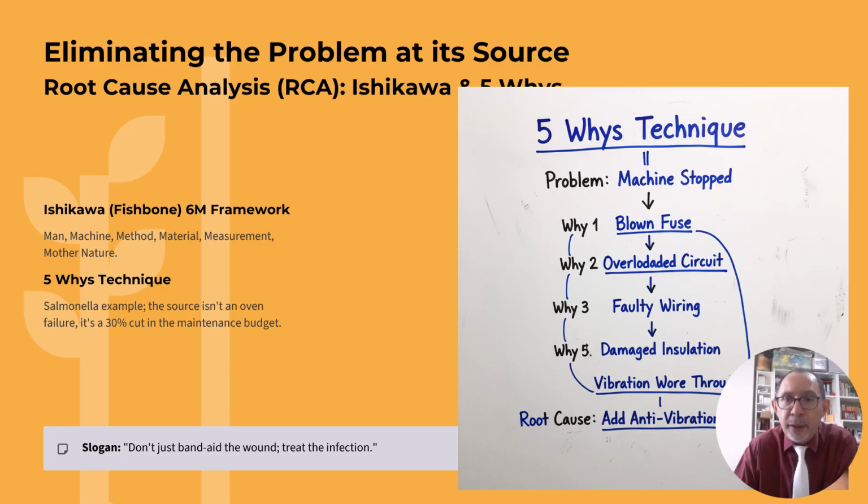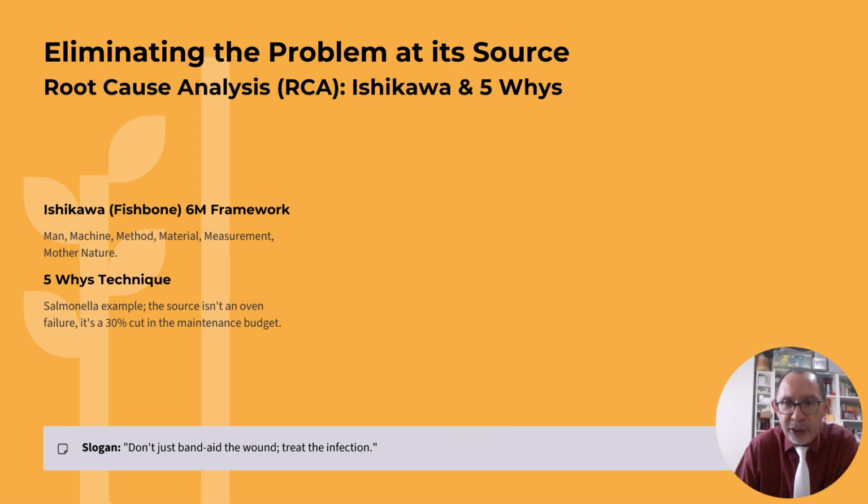So the technical failure is a result, but strategic budget management is the root cause. This diagram allows you to see the problem in 360 degrees. Engineering is not just fixing parts. It's understanding the system. Our slogan: don't just band-aid the wound, treat the infection.